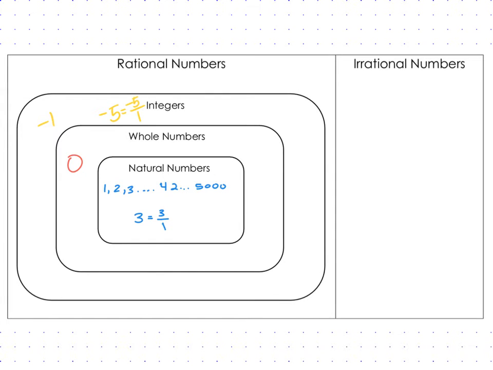You have numbers like -1,000, maybe -72, -40. So all of those negative numbers combined with 0, combined with the natural numbers, make this giant box of integers.